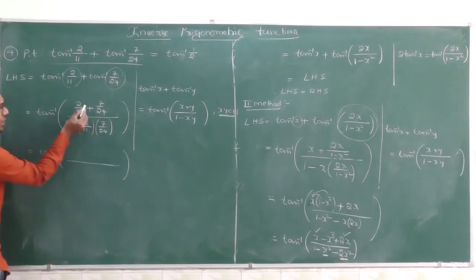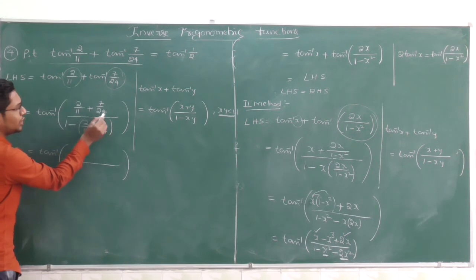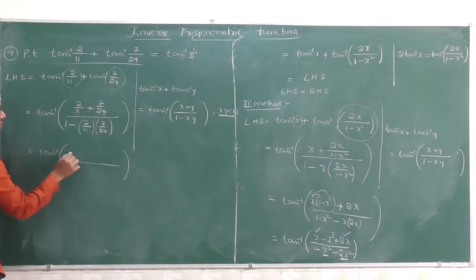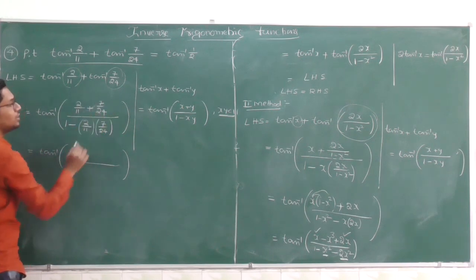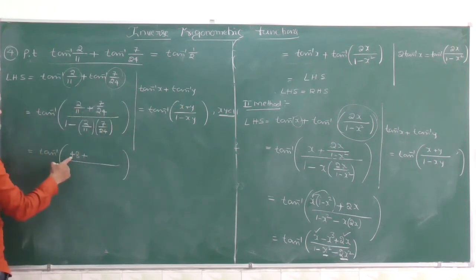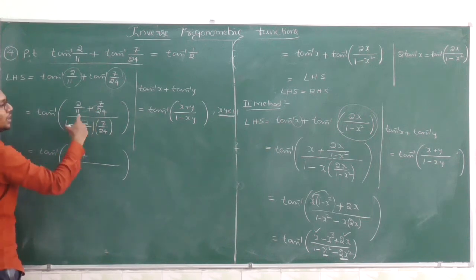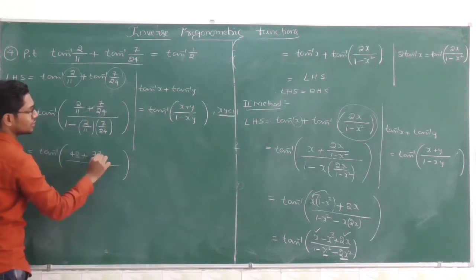Now take the cross multiplication. 2 into 24 is 48, plus 11 into 7 is 77.